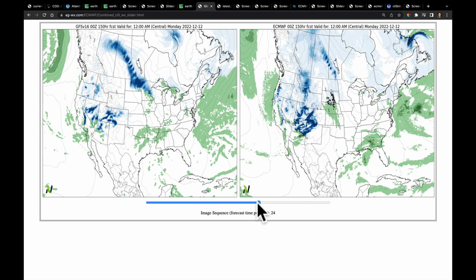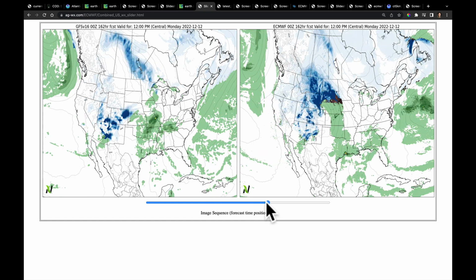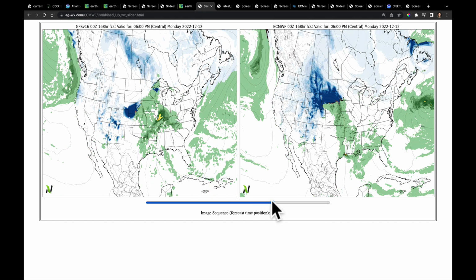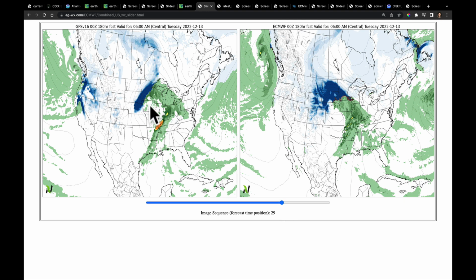But what we're going to be watching very carefully is as that low ejects next Sunday night into Monday morning, the models are not in agreement on where its position is going to be. The European here is a bit farther north, with much more snow along the front range of the mountains, clear from Colorado up to Montana, and then spreading into South Dakota. But you notice that the GFS is a bit farther to the south, and it spreads a much more narrow corridor of extremely heavy snow right into here.